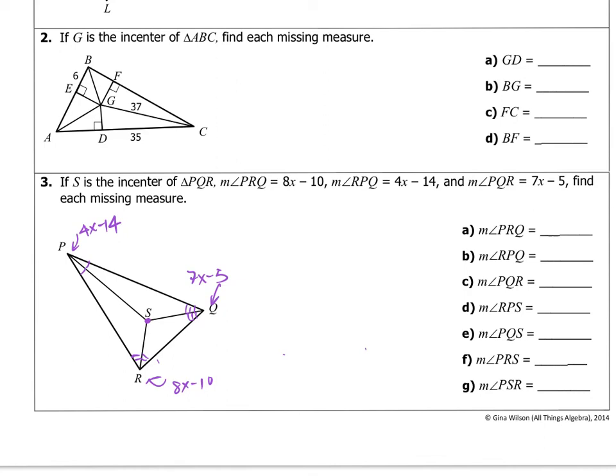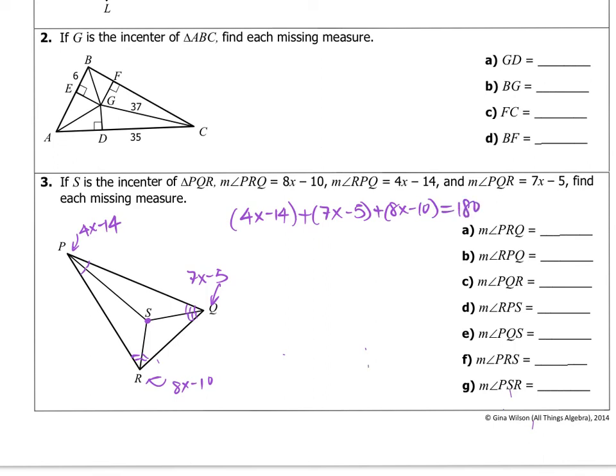This doesn't give us any specific angle measures, so it requires us to link this information with something we are familiar with. We know that if I add all three angles together, I should have 180. So 4x minus 14 is one angle, then I add a second angle, then I add my third angle, and I should have 180.